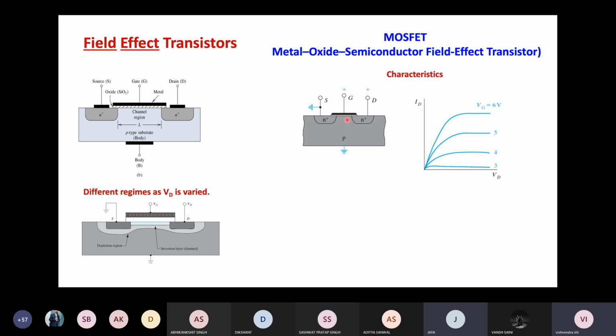And this is a p-type material, so the number of holes will be more as compared to the number of electrons. If we apply a positive voltage on the drain terminal, it would try to make this junction forward bias, but this junction is neither forward bias nor reverse bias.